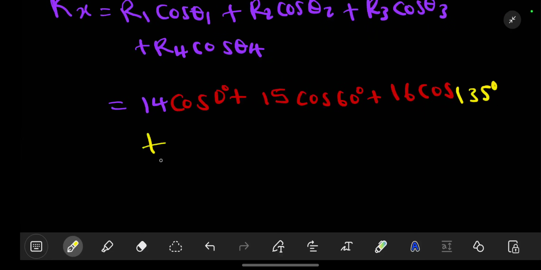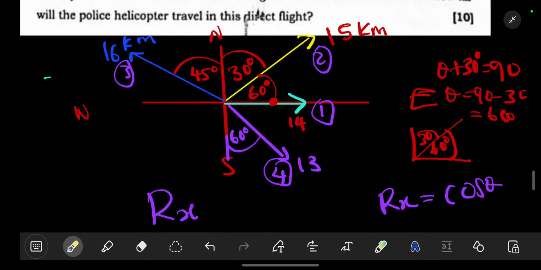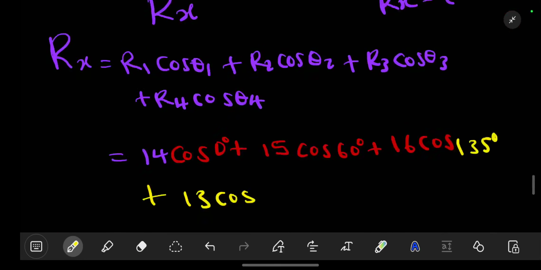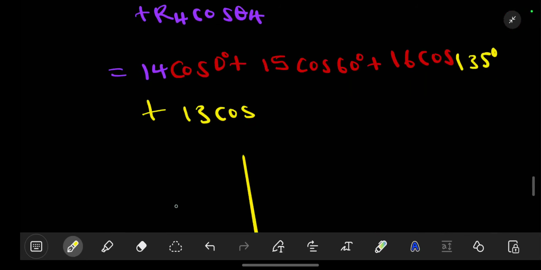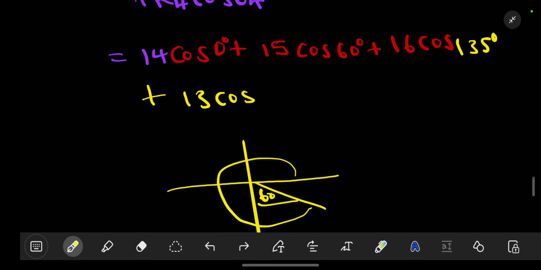Then we are going to add plus our last value, which is our 13. So we are going to say 13 cos of, measured from the positive x-axis, that angle will be from here, it's 60 here, from here until we reach that point, not the complete circle. So from here up to here it is equal to 270.